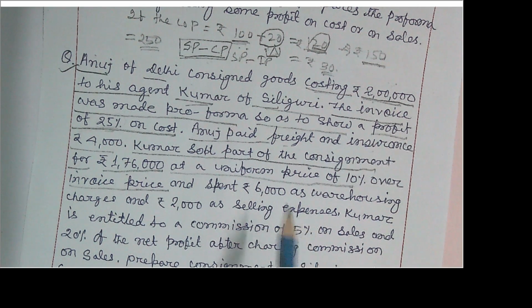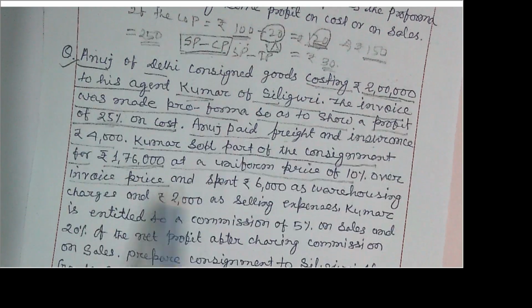It means that Kumar, the consignee, has sold goods making 10% profit over invoice price.